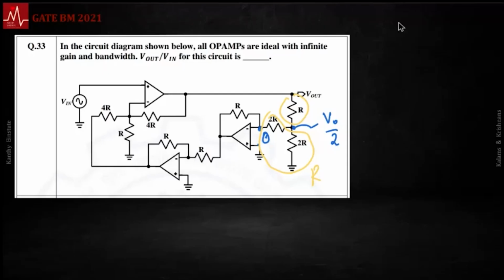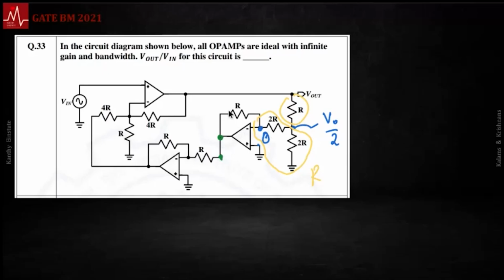Let's also draw this so that your R is visible. So the input, this is the input to this inverting amplifier. What is the output here? That is fairly easy to say. The output will be the input here times the gain.